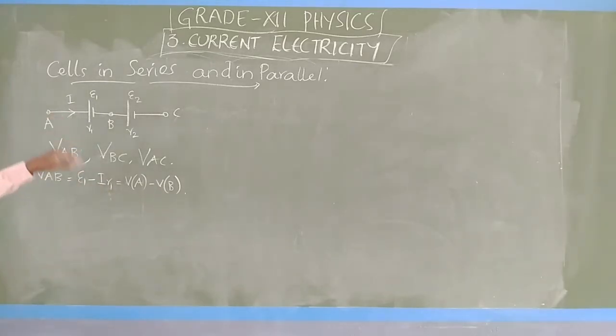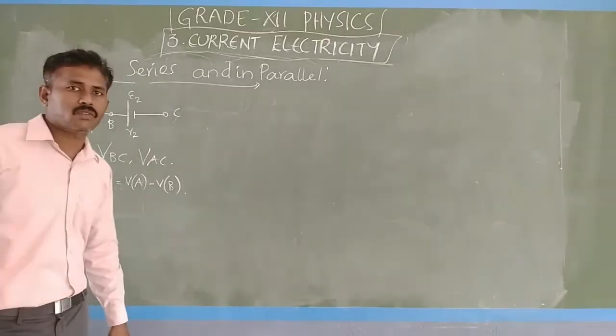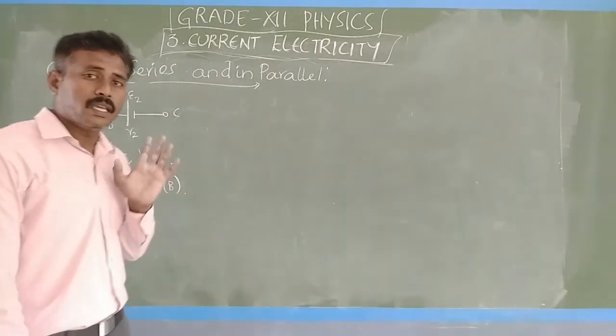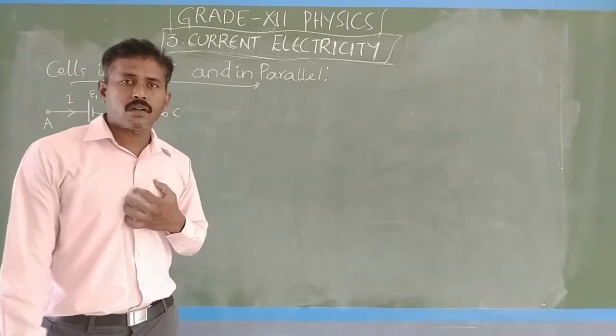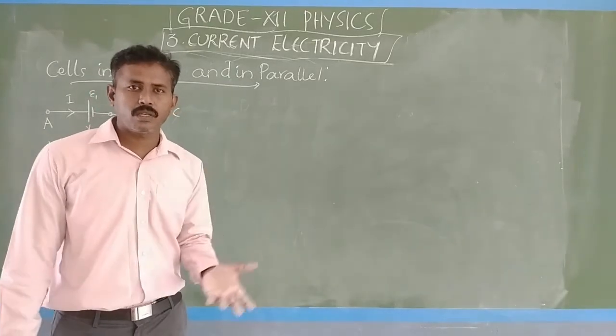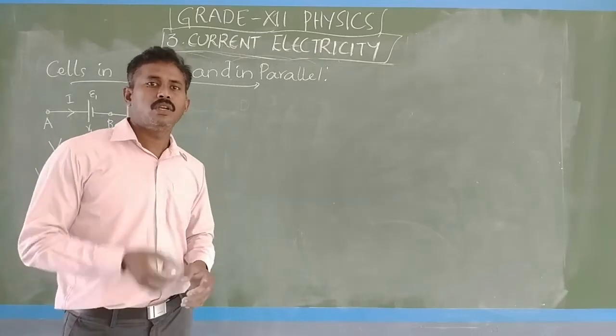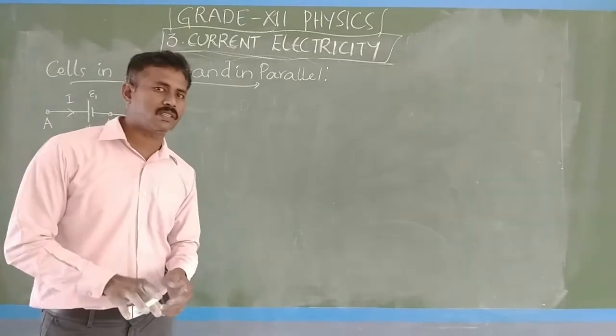Okay. So R1. What is R1? R1 is the internal resistance of the cell. So what I have told you before, in a cell, if a cell is giving out the supply, there will be some shortage due to the internal resistance of the cell.